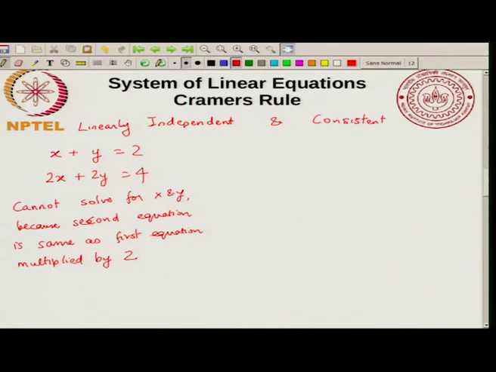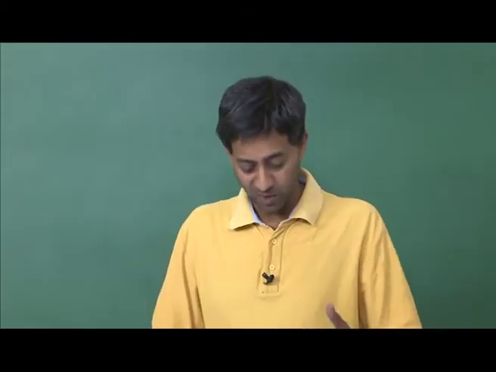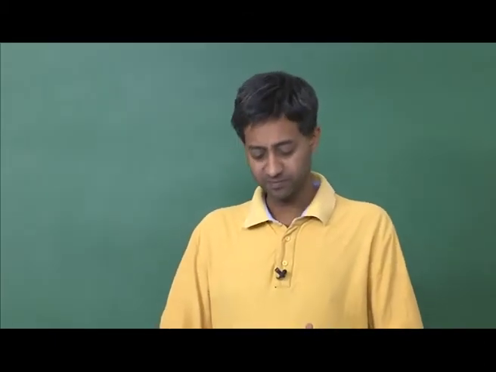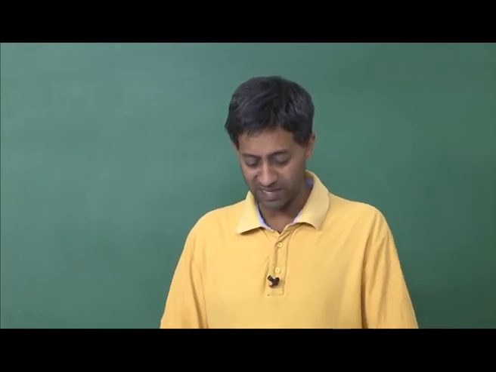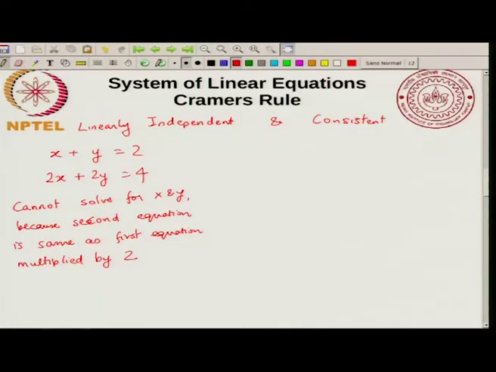Okay. This is a simple example I did for two equations and two unknowns. If you have three equations and three unknowns, then it is important you look at whether one of the equations, one of the terms on the left hand side, can be written as a linear combination of the other two. Okay.